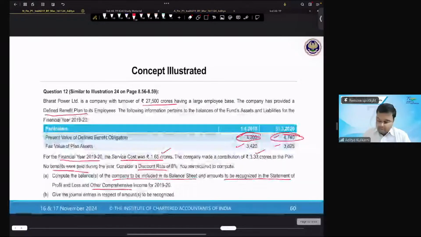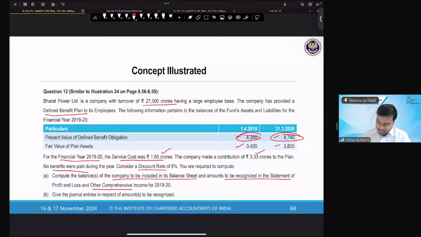Coming to the next one, no benefits were paid, but you have a discount rate of 8%. Now, what do I do with this 8%? This 8%, you have brought it to the present value. You do not have to do present value calculation in this question, because it's already done and given to you.